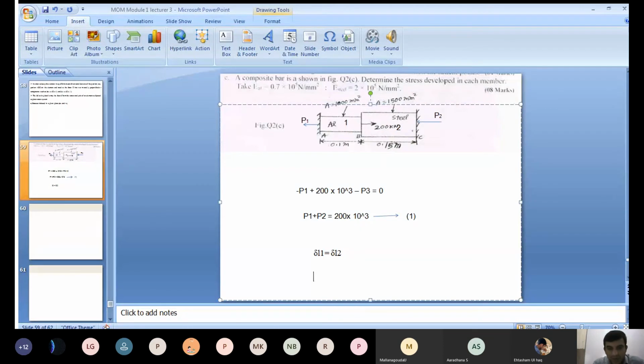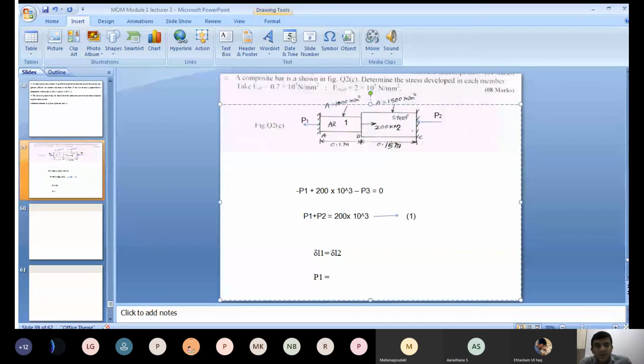Now finally we will get P1 in terms of P2. Am I right? Now tell me, P1 is equal to how many times of P2? Who will give the answer? We have only 12 minutes time, so be fast. Once you get P1 in terms of P2, substitute into equation number 1.